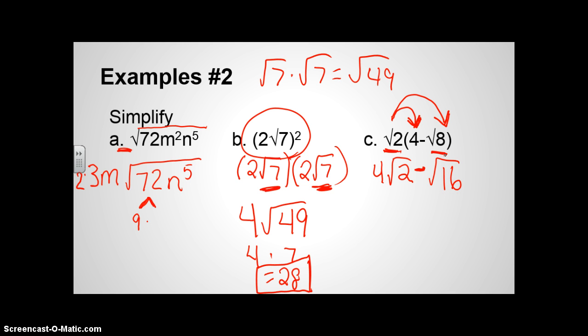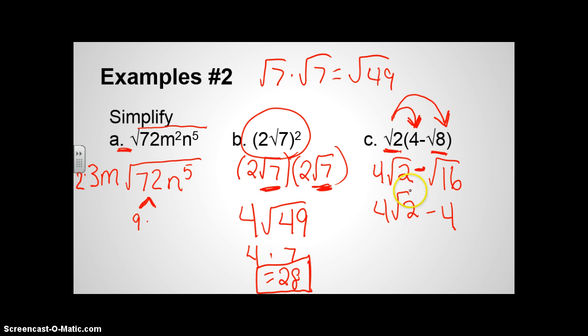Now, after I've distributed the square root of 2 to each term inside the parentheses, notice I get a square root of 16. That is a perfect square value. So I'm first going to take the square root of 16, which gives me 4. I'll bring everything else down, so I have 4 times the square root of 2 minus 4.